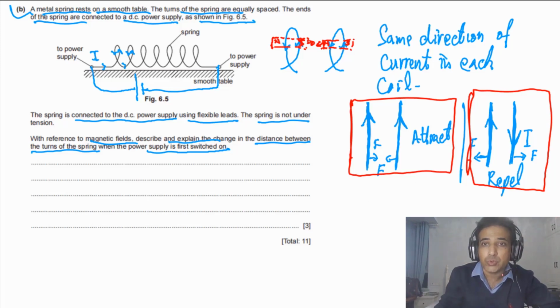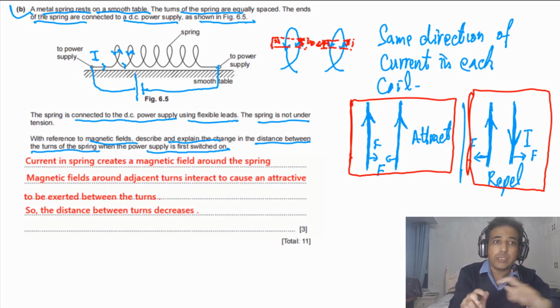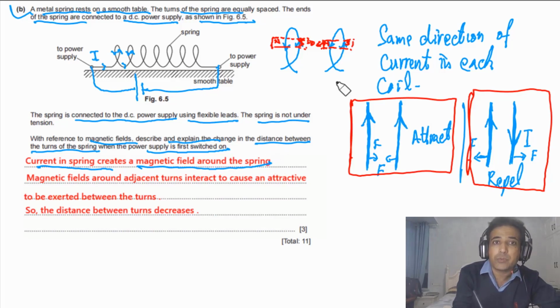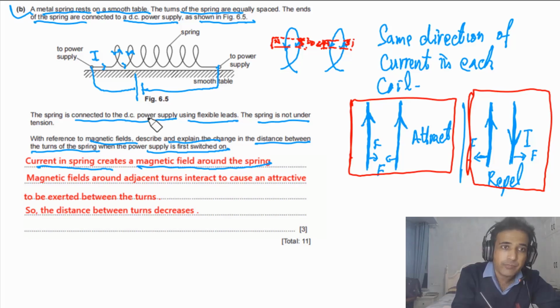Now let me show you how you can write down the answer. This question has 3 marks, so you can write about these points. First, you can say current in the spring creates a magnetic field around the spring. As we have discussed, current in each turn produces its own induced magnetic field.